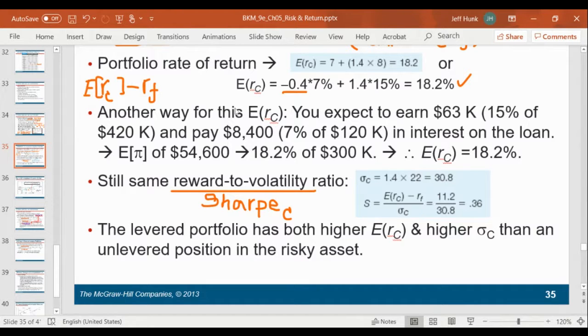Okay. So 18.2 minus 7%, it will be 11.2. And that's the risk premium.